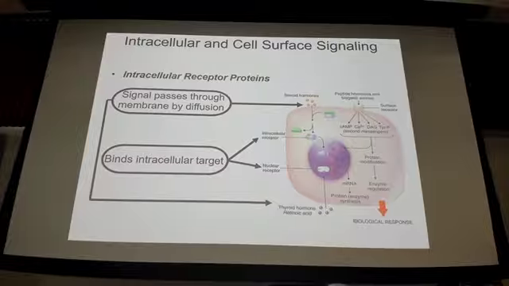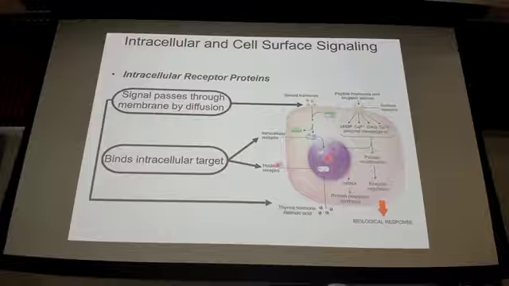And so here is an example of intracellular and cell surface signaling. So you have intracellular receptor proteins, steroid hormones, for example. Steroid hormones are lipophilic, so they pass directly through the cell membrane. They bind to the intracellular receptors found in the cytoplasm and the nucleus.